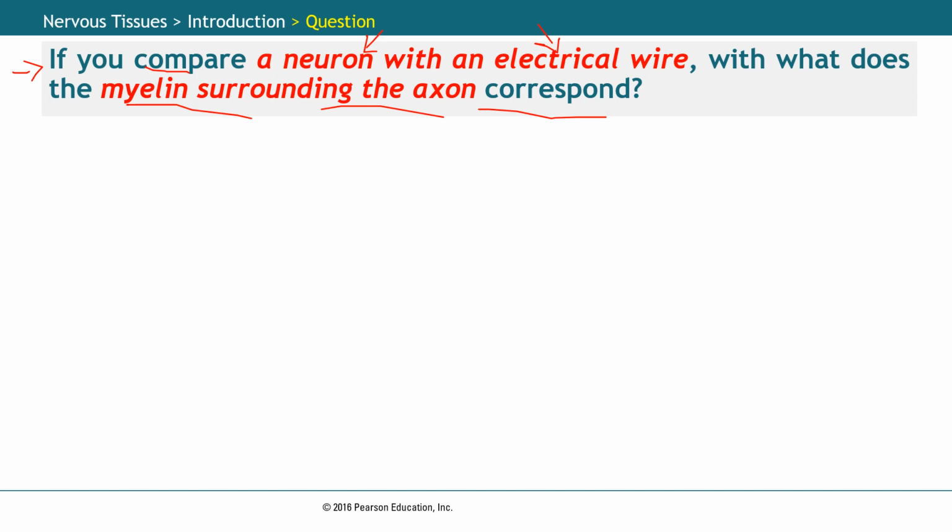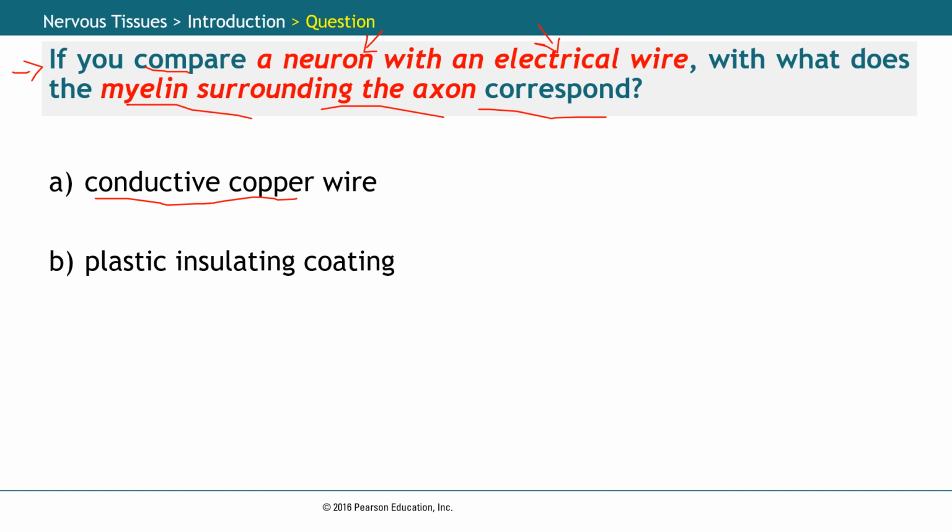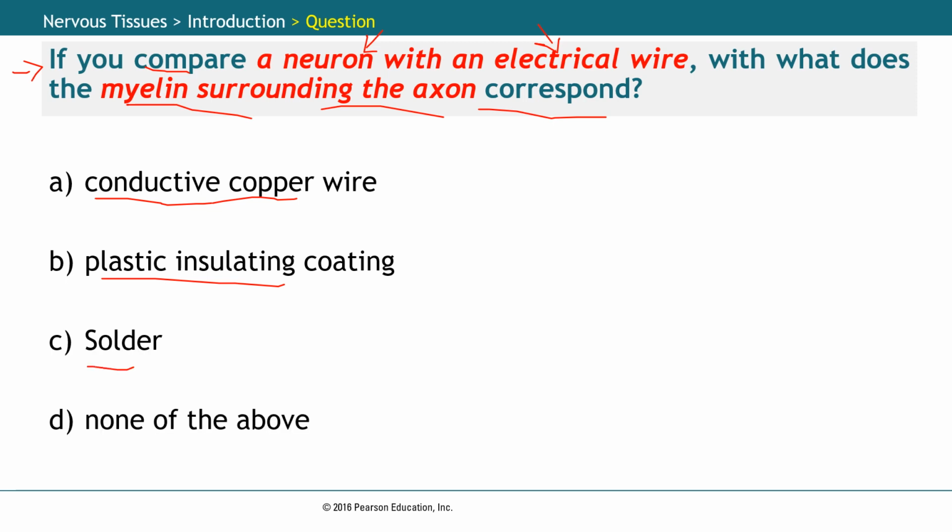Do you think that the myelin has a conductive property? So the myelin would be like the conductive copper wire. On the other hand, it could be the opposite, that it is similar to the plastic insulating coating. It could be similar to the solder, or none of these options.